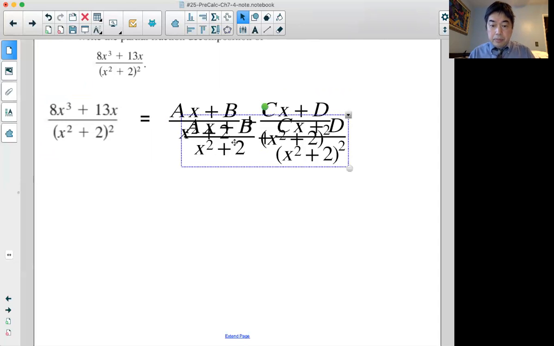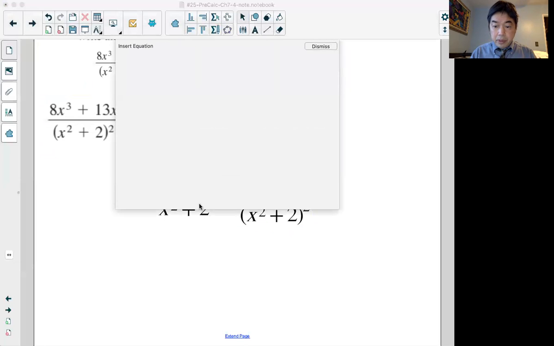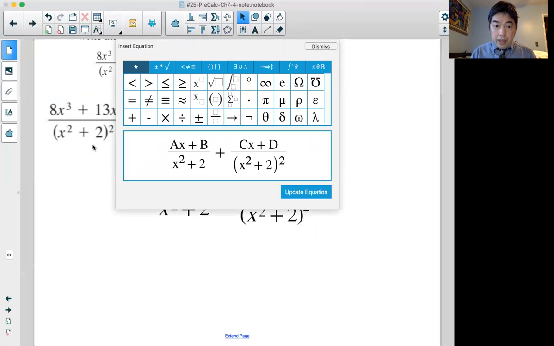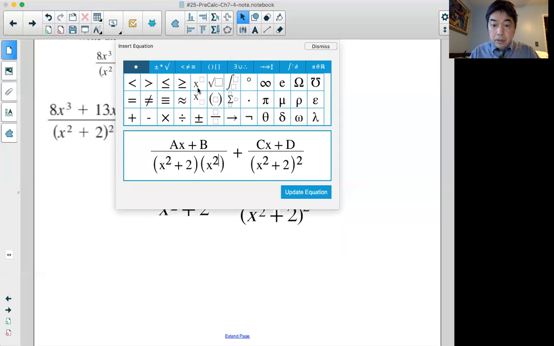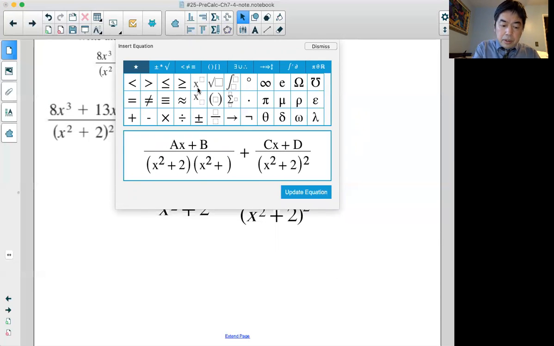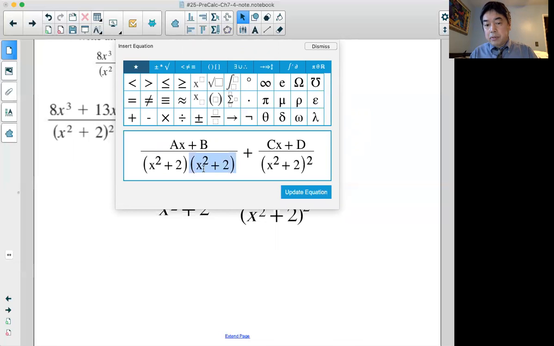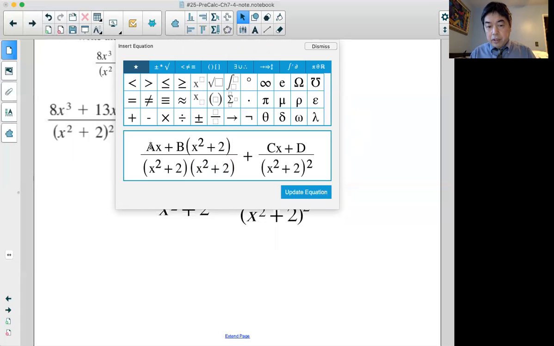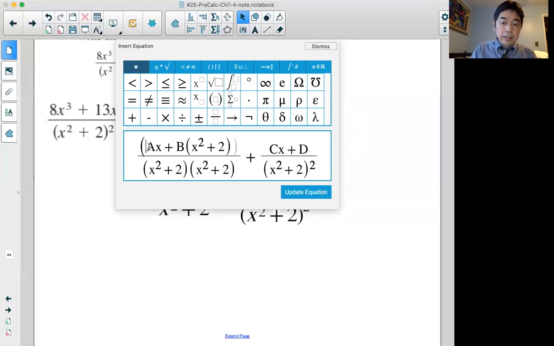So the first one, create the parentheses and multiply by exactly the same thing: x squared plus 2. If you multiply this one, you have to multiply here too. However, I didn't put the parentheses here, so I put the parentheses.